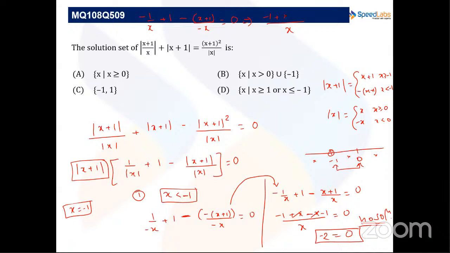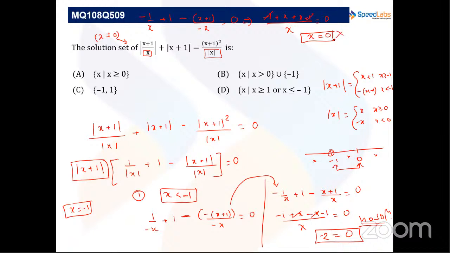So minus 1 plus x plus 1 equals to 0. So this will get cancelled out and we will get x equals to 0, which is not possible, obviously, because the denominator can never be 0. From the question only we can see that x can never be 0. So this is not possible.